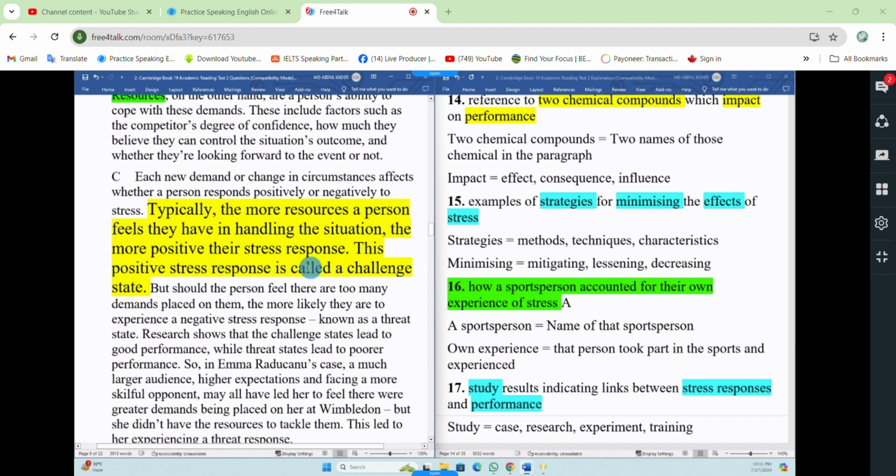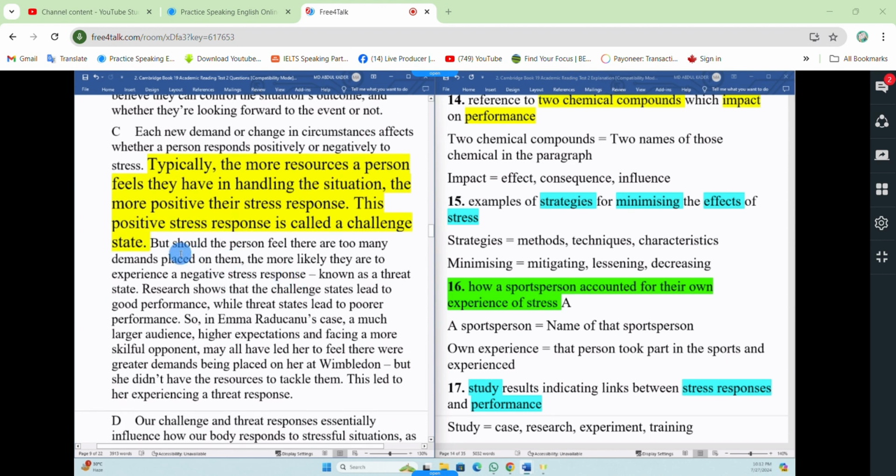That means we have another stress, that is negative stress response. But should the person feel there are too many demands placed on them, the more likely they are to experience a negative stress response, known as the threat state.